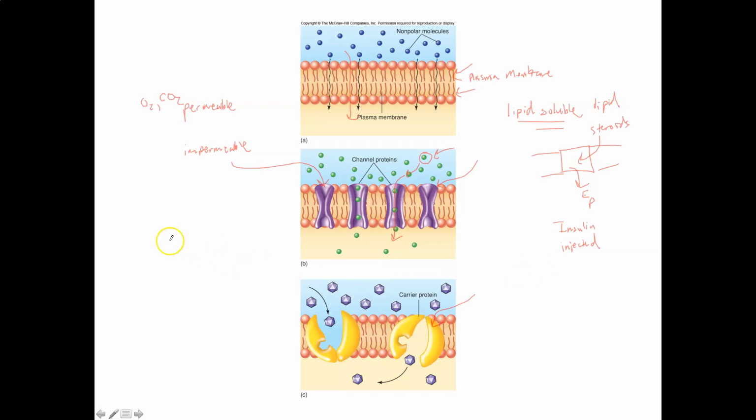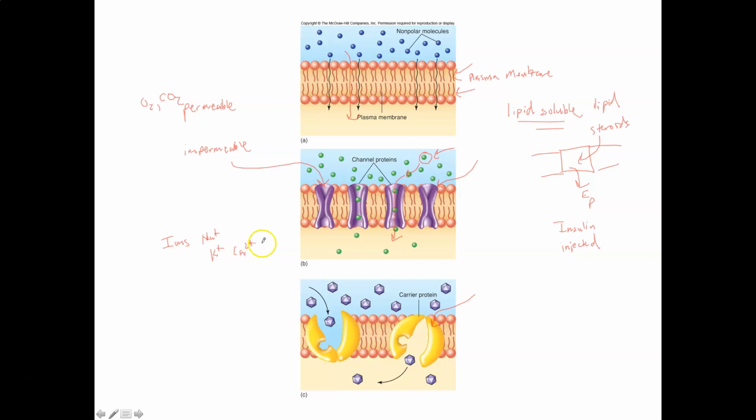Ions. Ions are things that have a charge associated with them, so sodium, potassium, okay, calcium. Ions are not going to be readily permeable to the plasma membrane. They're relatively impermeable.